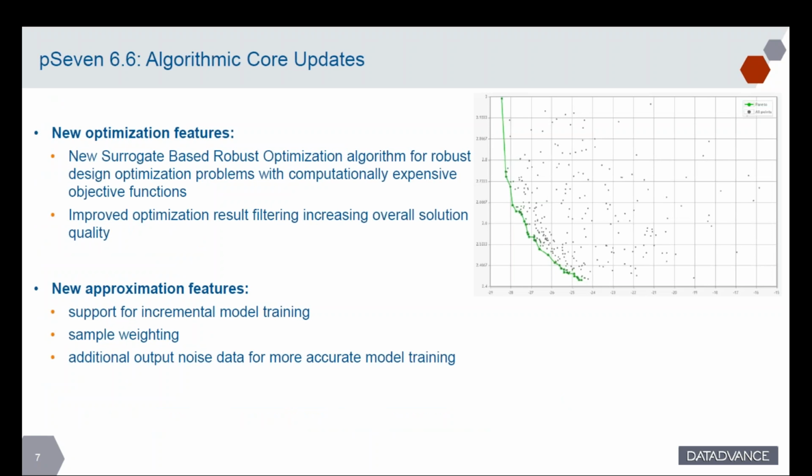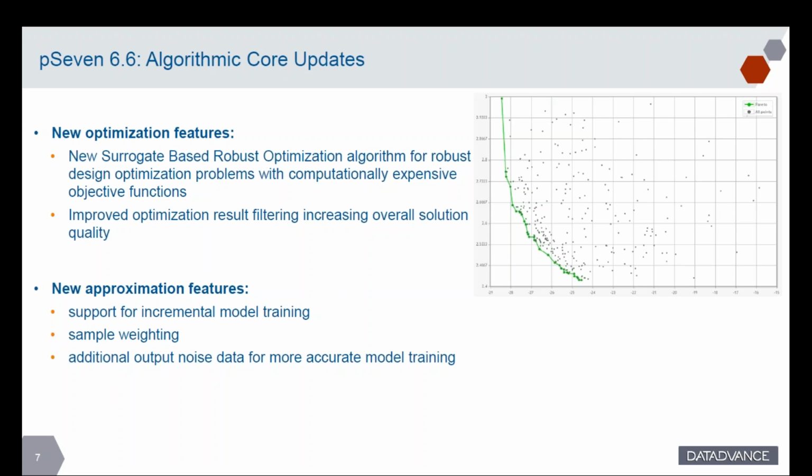At first, let's speak a little about updates in the algorithmic core. There is a brand new surrogate-based robust optimization algorithm for robust design optimization problems with computationally expensive objective or constraint functions.